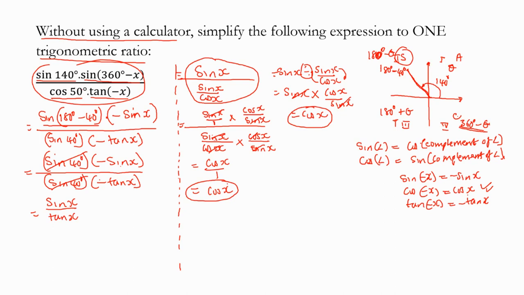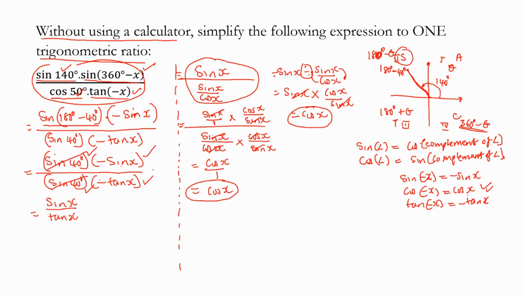Remember where you're getting the marks. To reduce this to this, you're getting a mark. To reduce this to this, you're getting a mark. So complementary angles give you a mark, negative angles give you a mark. So even before you do a lot of things, you see that you have already 4 out of 5 or 4 out of 6.